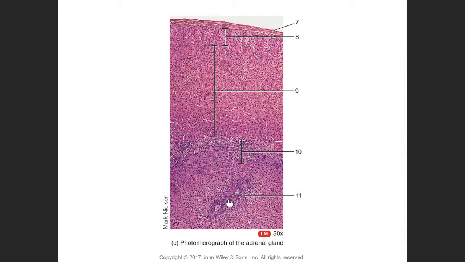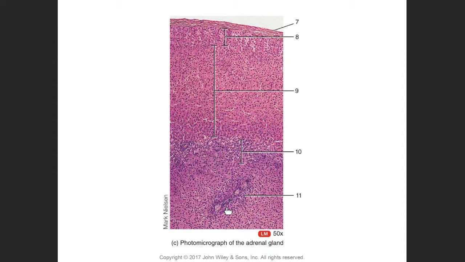And number 11 here is the medulla of the adrenal gland. And the medulla is important for secretion of epinephrine and norepinephrine, which are the fight or flight hormones. At the time of exercise, excitement, and emergency, your adrenal gland starts to make epinephrine and norepinephrine. This part is a part of our sympathetic division in our body.